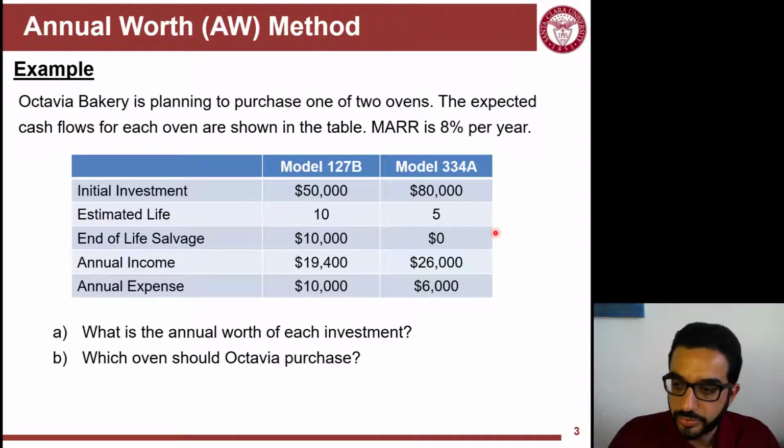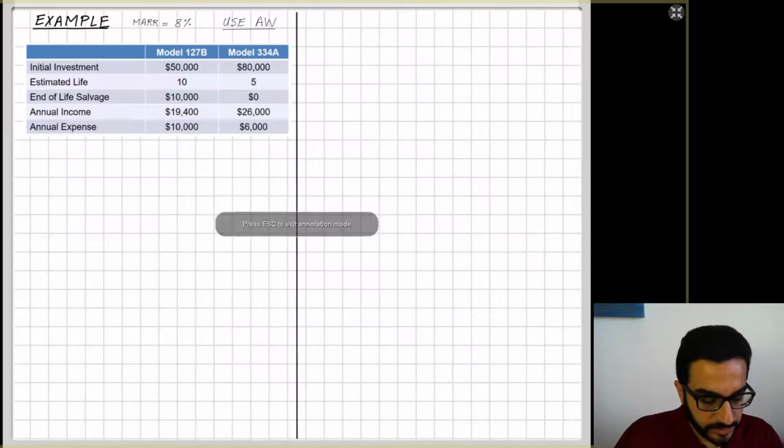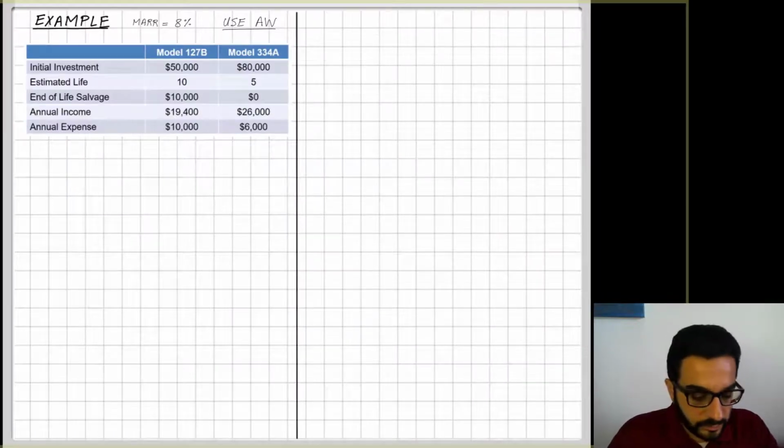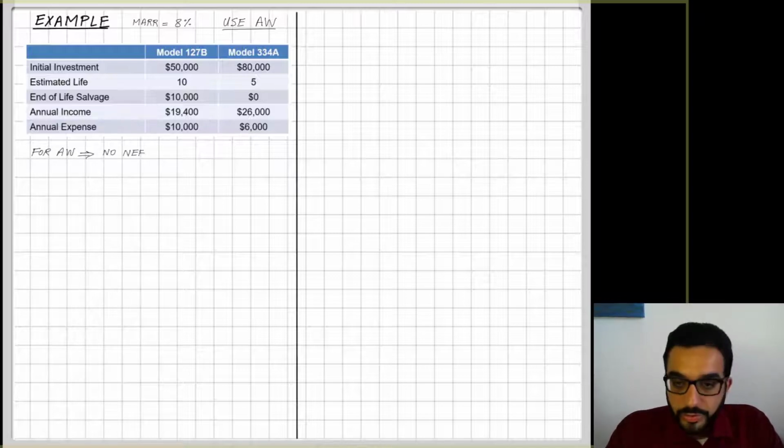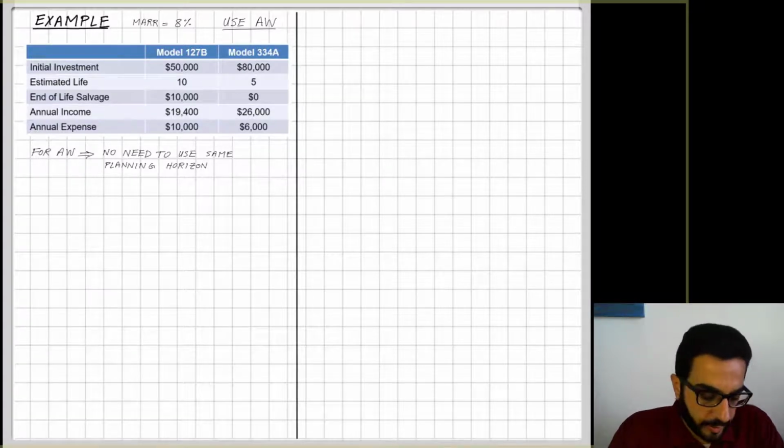So which model should the bakery purchase? We will use annual worth as an exercise here. As we are using annual worth, there is no need to use LCM or apply the same planning horizon. Let's keep model 334A as 5 years, and the other one is 10 years.